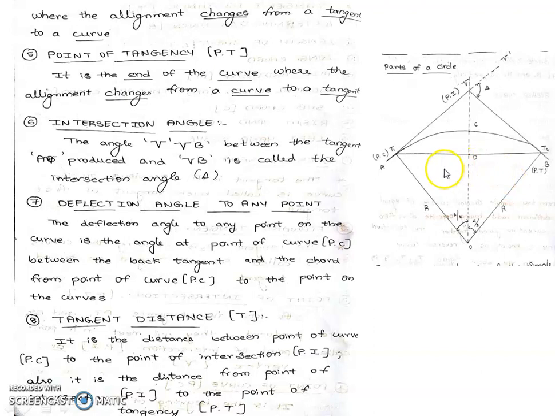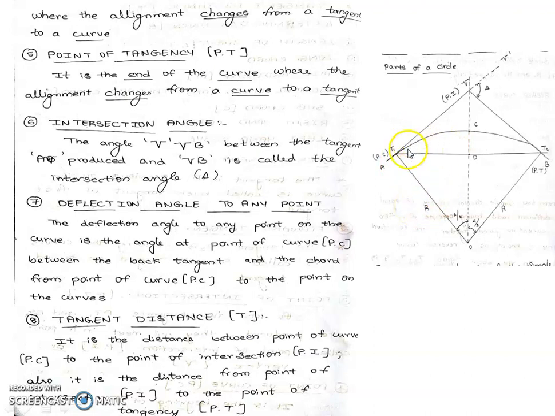The deflection angle to any point on the curve is the angle at the point of curve, between the back tangent and the chord from the point of curve. This angle at any point is called the deflection angle.